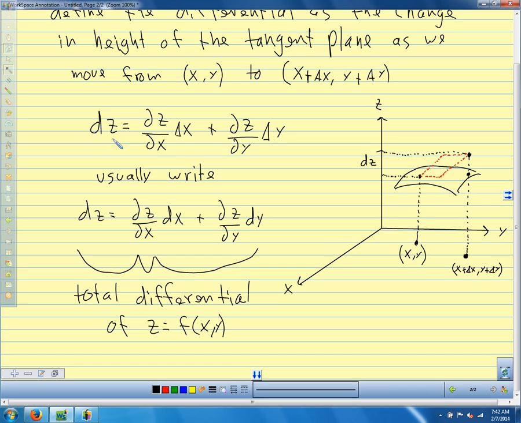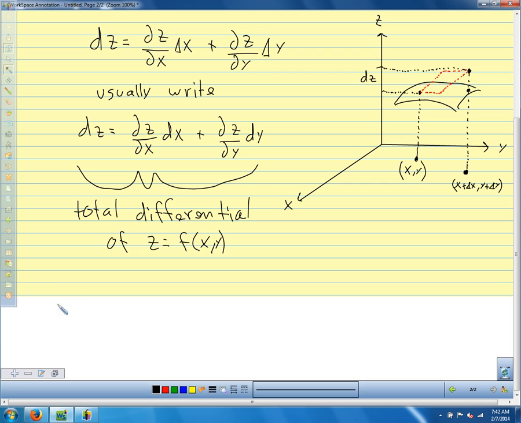So we're using this as a tool to approximate. As delta x and delta y get smaller, we can say that f(x plus delta x, y plus delta y) minus f(x, y) is approximately equal to our total differential, as long as our increments are small.